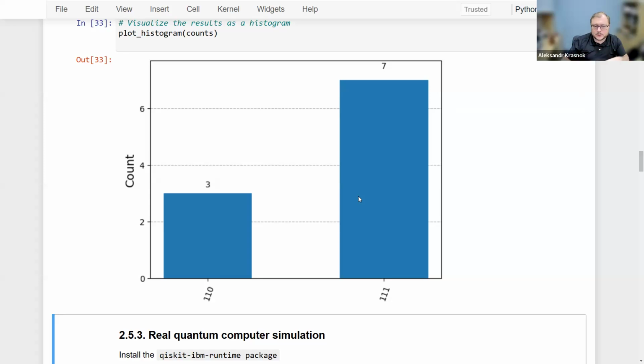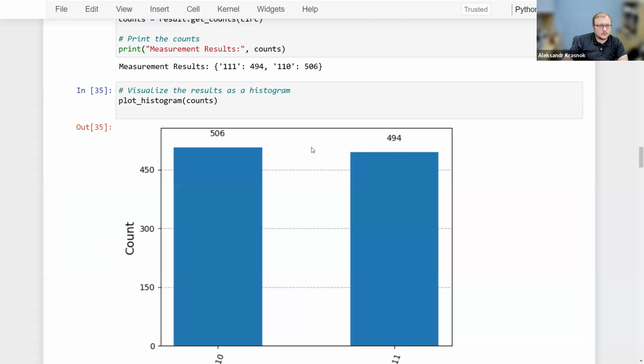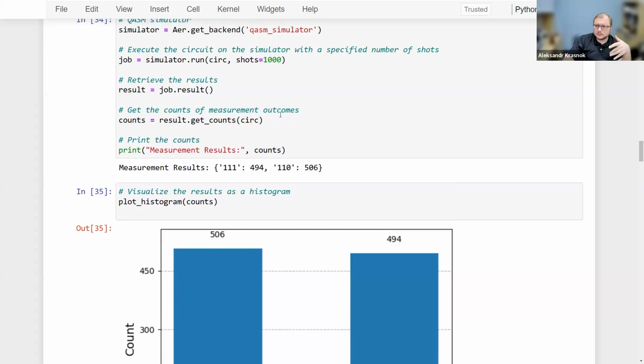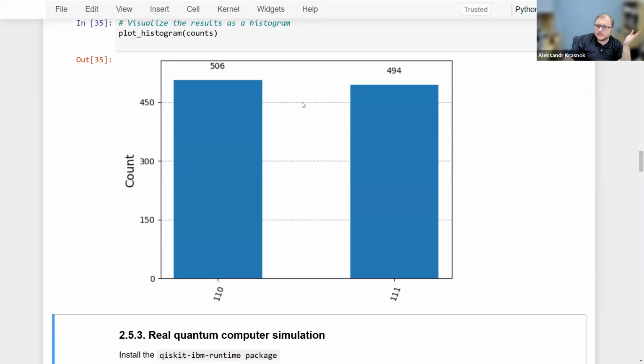The smaller number of experiments doesn't produce the result. However, if you increase the number of shots, you see that these states are symmetric or have the same probability amplitude.